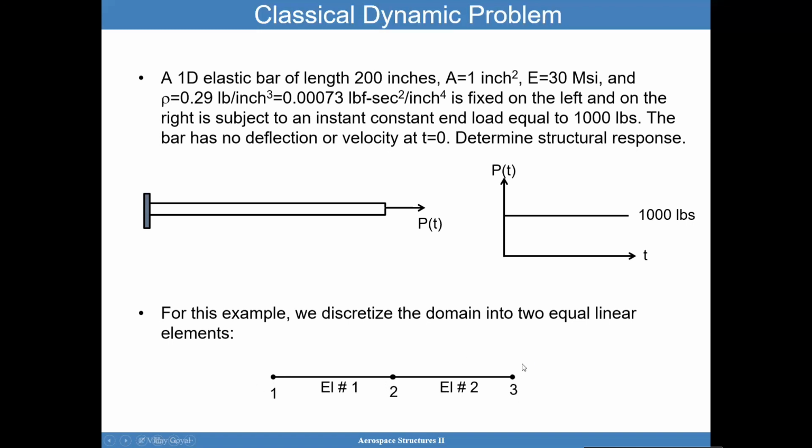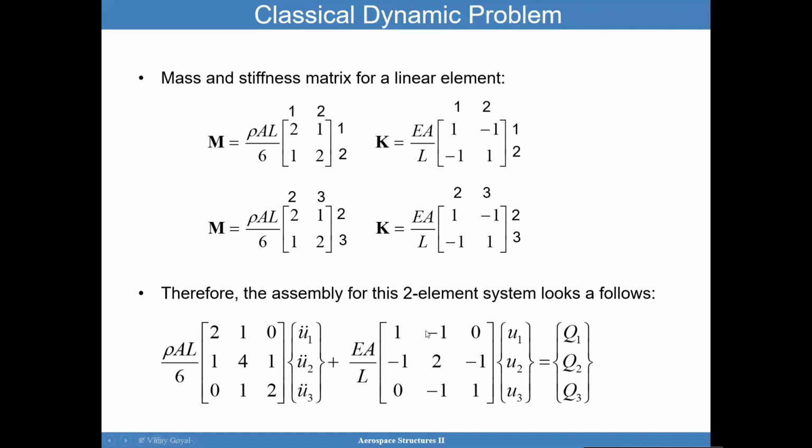Therefore, I have simplified the system quite a bit with 2 elements and 3 nodes, 3 degrees of freedom. And so this is what I got. This is the important thing I really want you to understand. So how do we go about solving this problem? We've simplified the system into a mass matrix and a stiffness matrix, and now we need to figure out how to solve the problem.